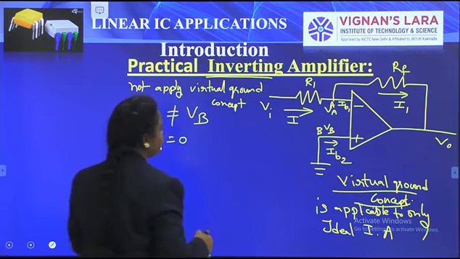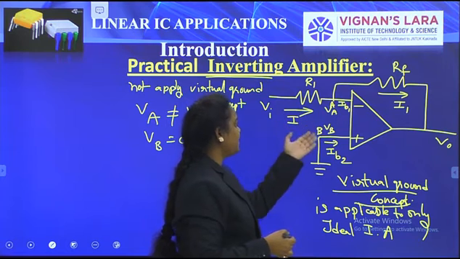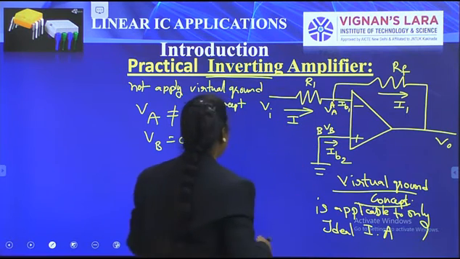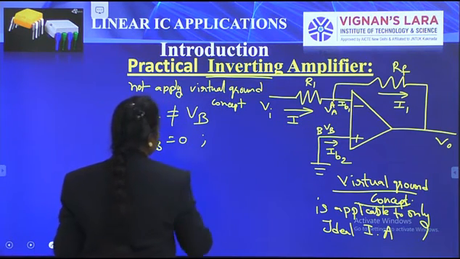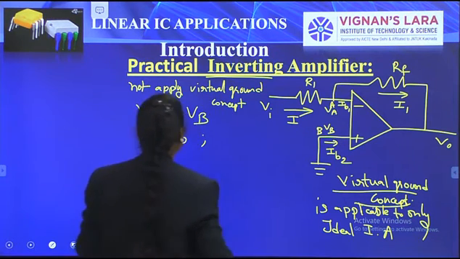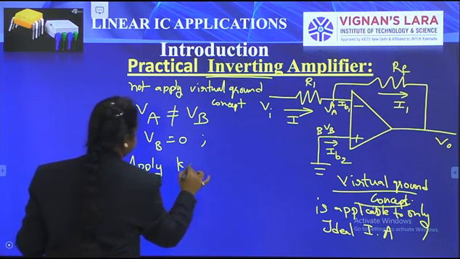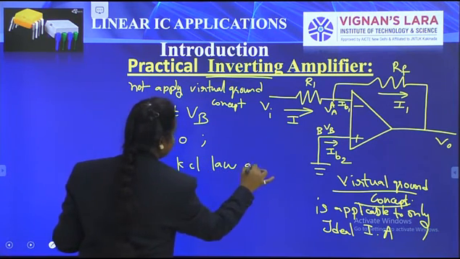So VB is equal to 0, and now we apply KCL at node A.